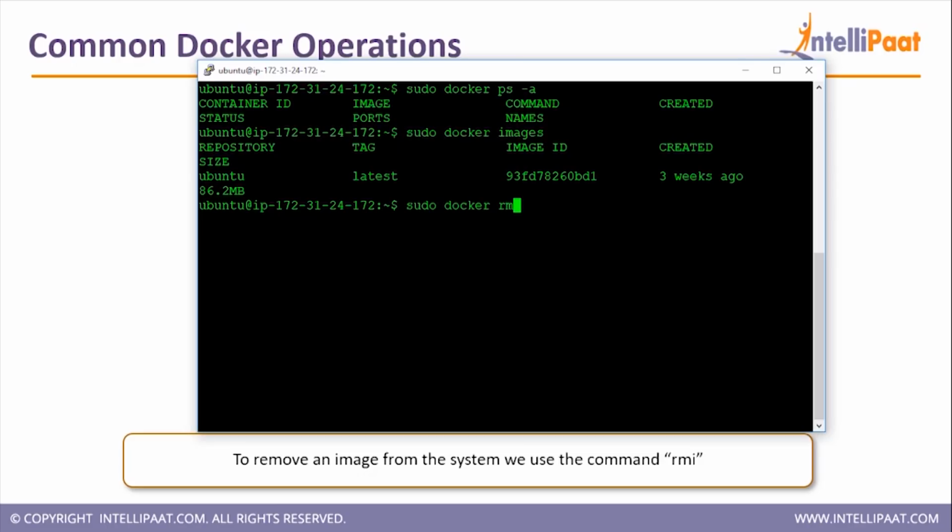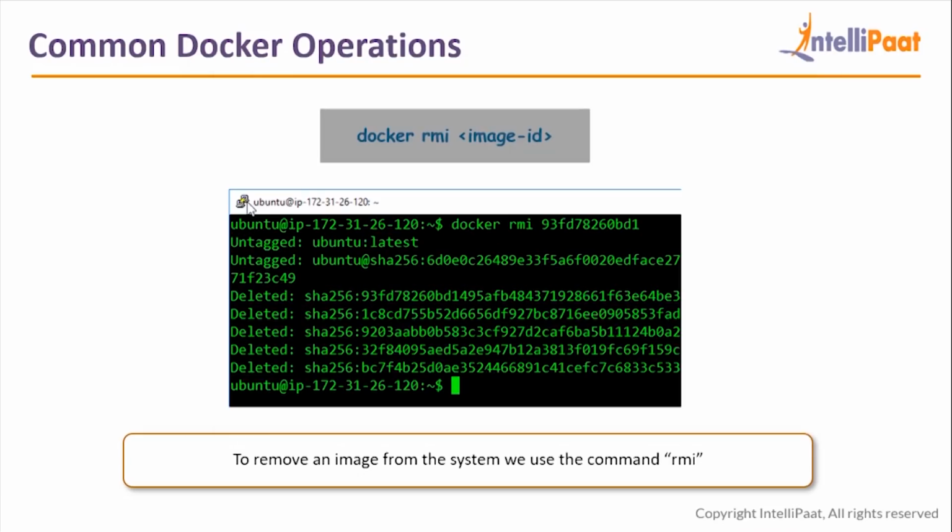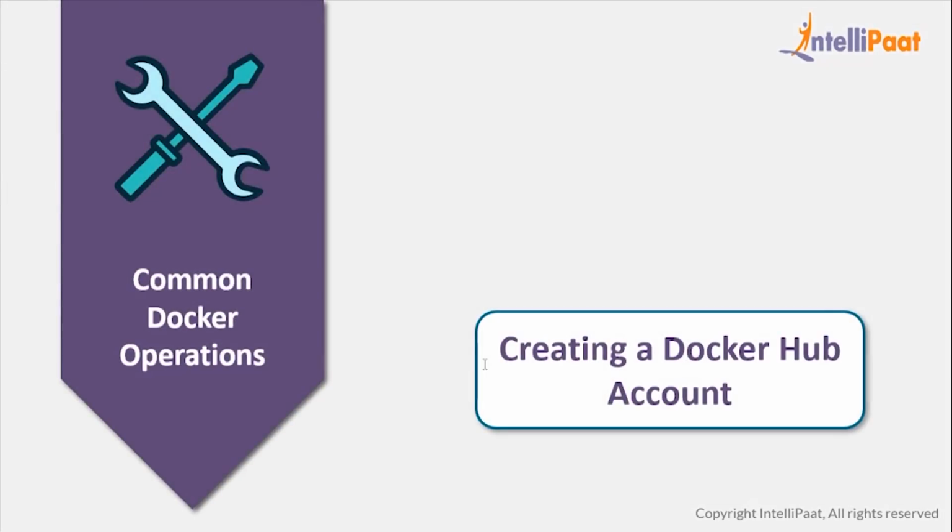So rm was to remove the container. If you want to remove the image, just type in i as well in front of the rm command, and then the image id, which is this. Pass in this, hit enter, and this would delete the image from your system. So if you do a sudo docker images now, you can see that the image is not present in the system anymore. All right, so this is how you can remove an image from your system.